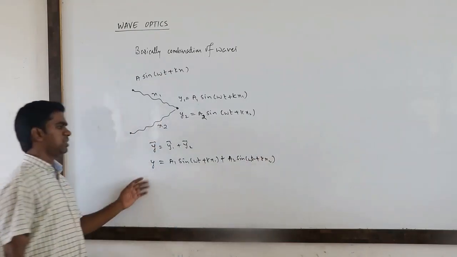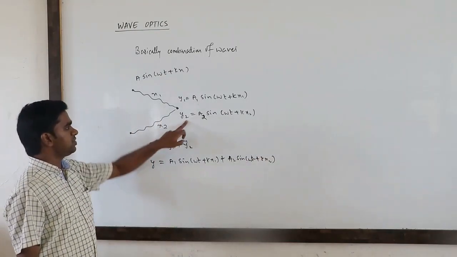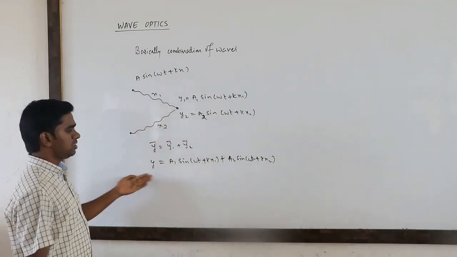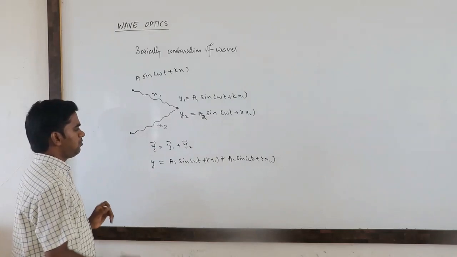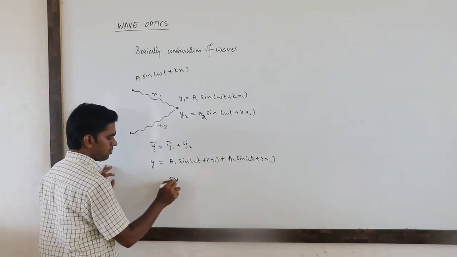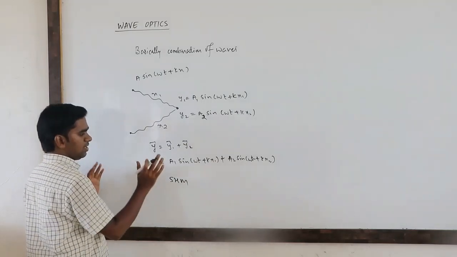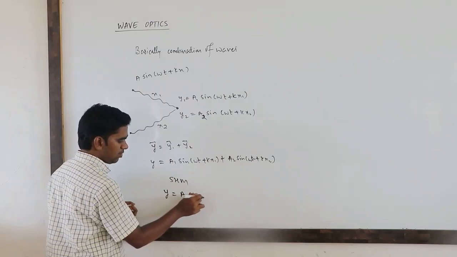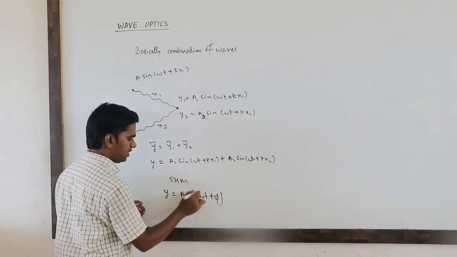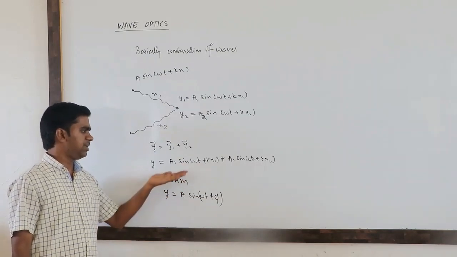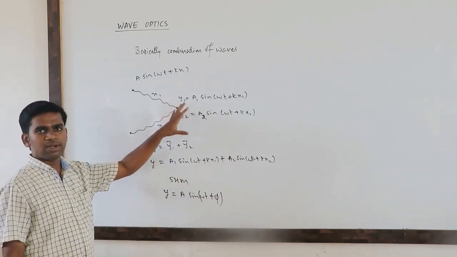This is the resultant SHM, or resultant wave, of this particle. If you want to show that this is a wave, you should show that it follows SHM. That means this equation should be representable in the form A sin(omega t plus phi). If we can represent it in this format, only then can we say it is a wave or an SHM.